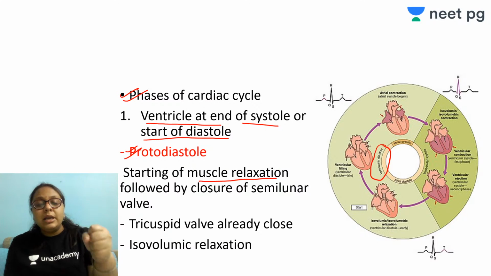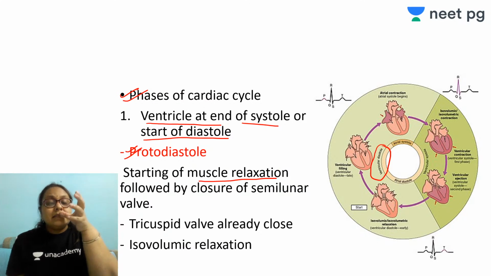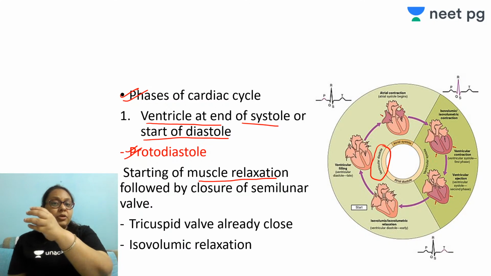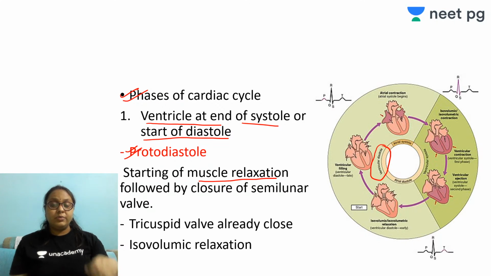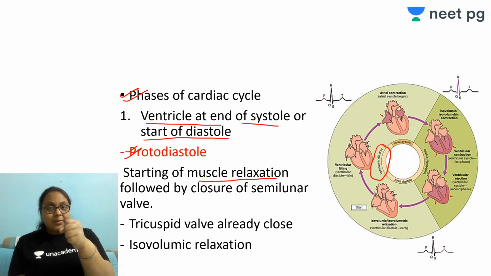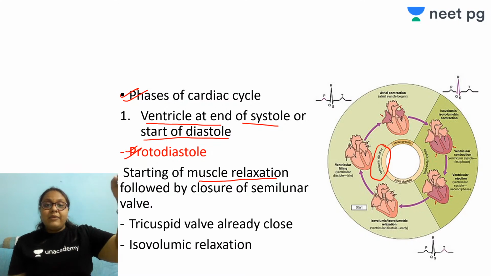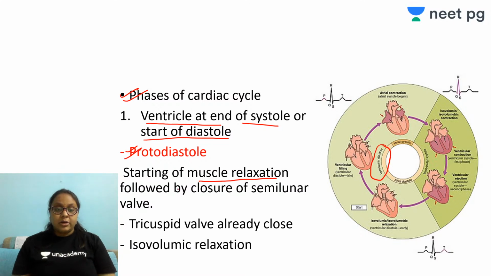So what was happening during systole? During systole the semilunar valves were open. So at the end of systole, the semilunar valves are already closed. So the starting of muscle relaxation will be closure of the semilunar valves, and the AV valves are already closed.